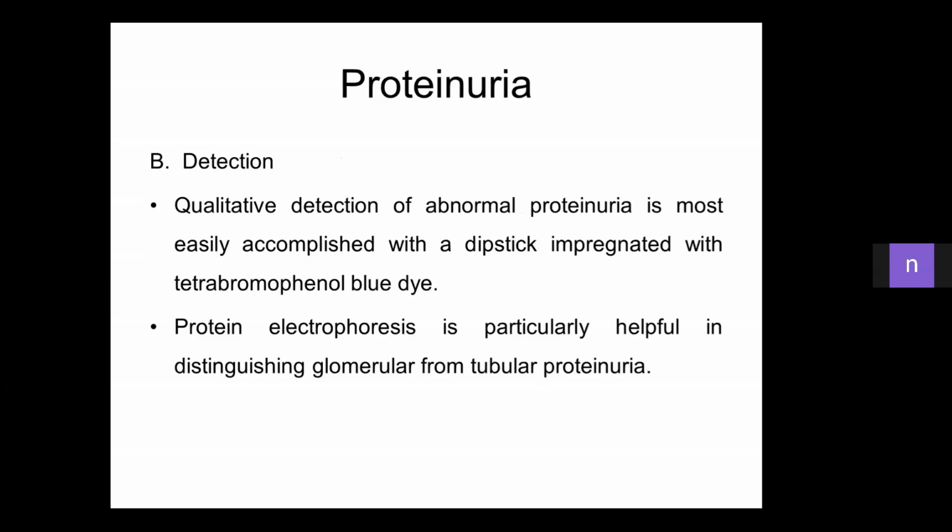For the detection of proteinuria, qualitative detection of abnormal proteinuria is most easily accomplished with a dipstick impregnated with tetrabromophenol blue dye. And then protein electrophoresis is particularly helpful in distinguishing glomerular from tubular proteinuria.